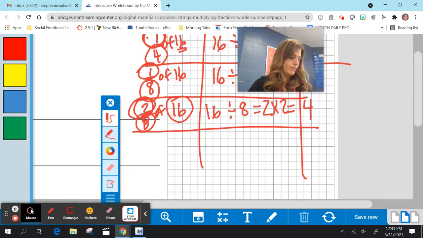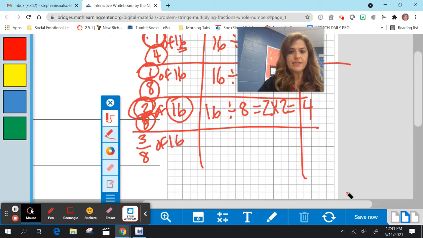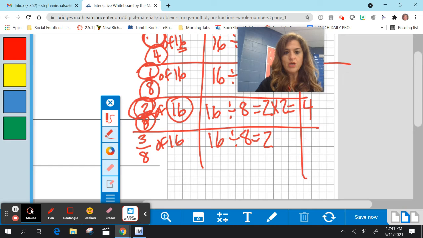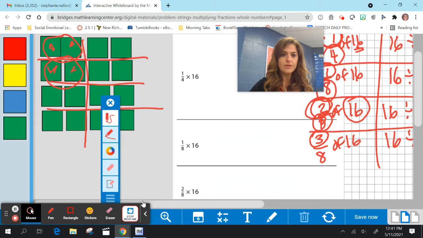The next problem is 3/8 of 16. 3/8 of 16 is like 16 divided by 8, which we know is 2. But this time your numerator is 3, so we need 3 times, and that answer is 6. And we look back at our model over here.